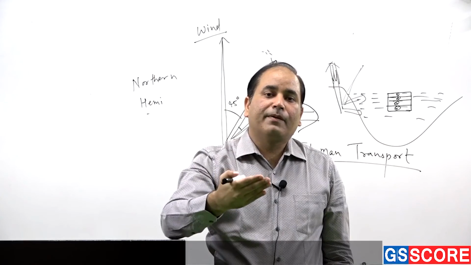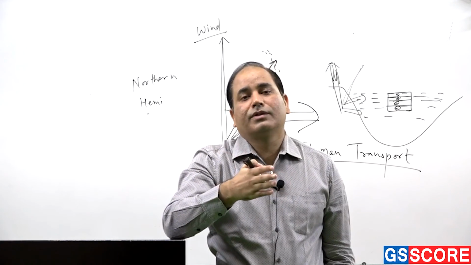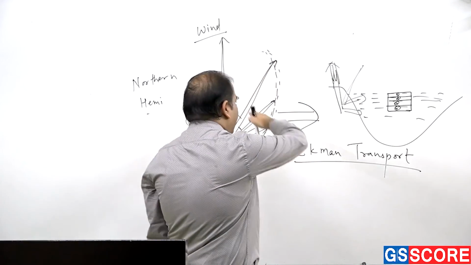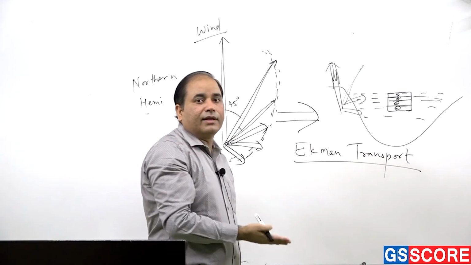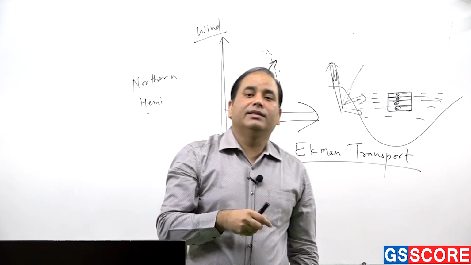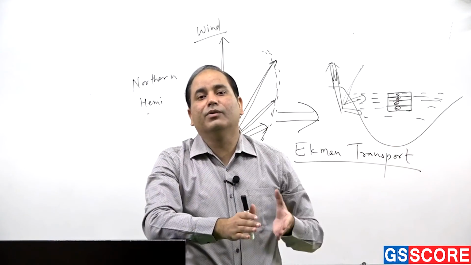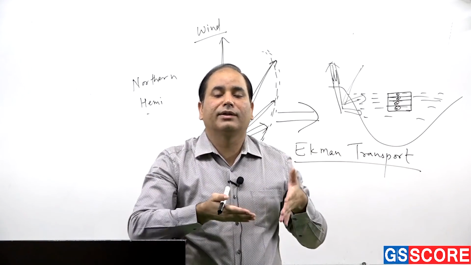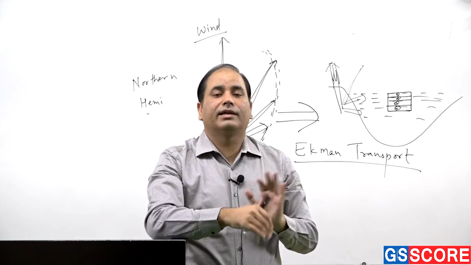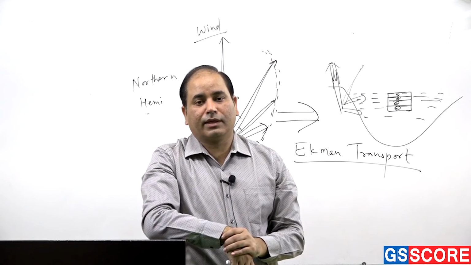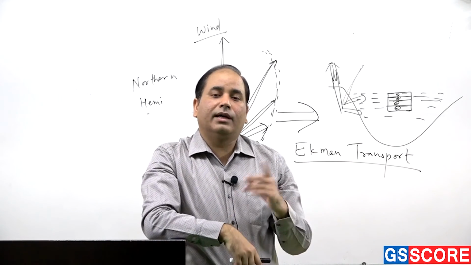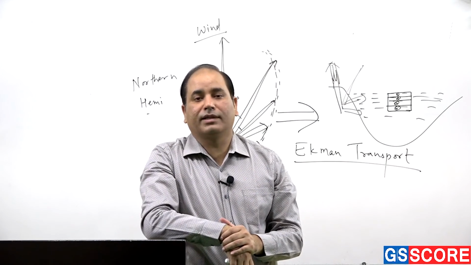In this way a spiral is formed of the layers of water, and overall it moves in the rightward direction in the northern hemisphere and leftward in the southern hemisphere. That is simply referred to as Ekman transport.